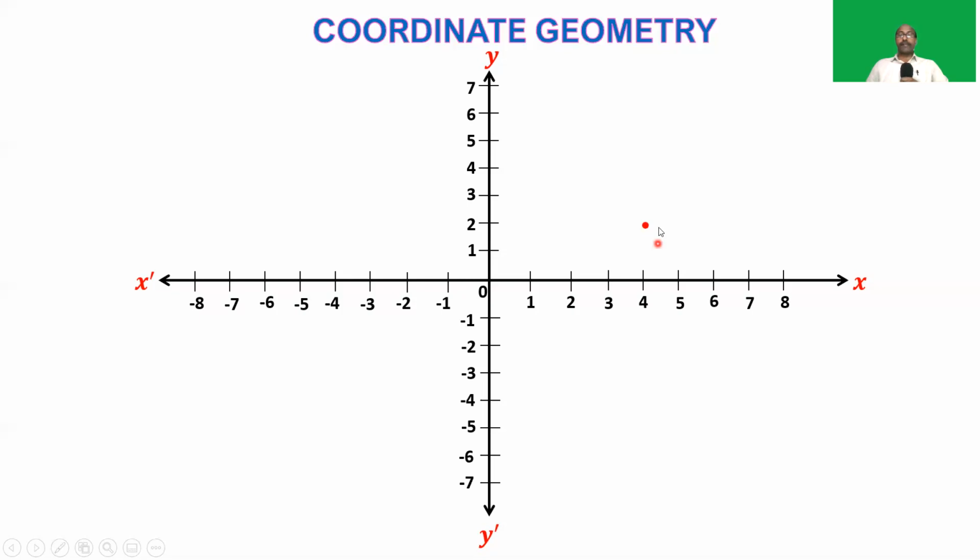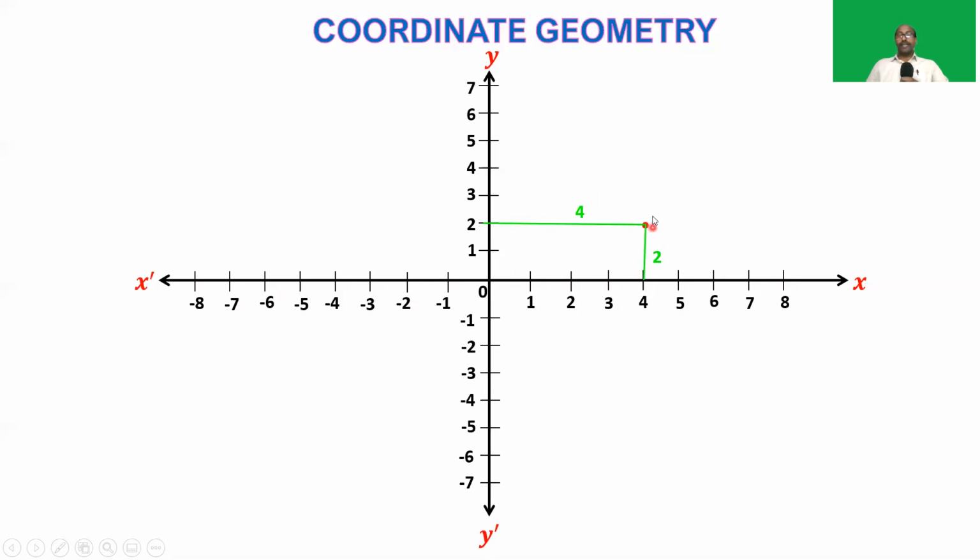Now we can determine the position of the point we have taken. Now the distance from this point to y-axis is 4 units and from x-axis is 2 units. So this distance is equal to this length.